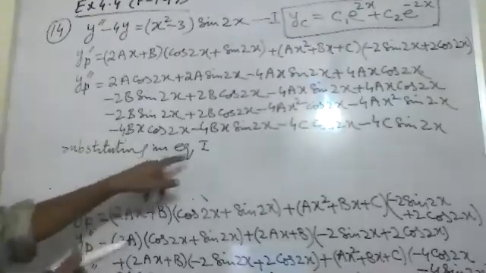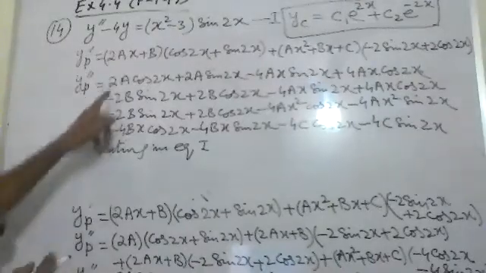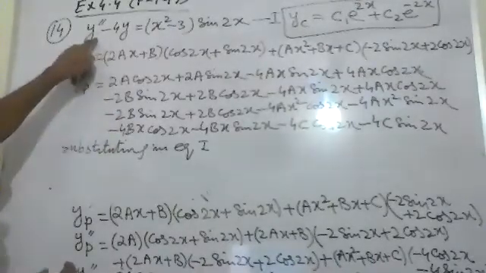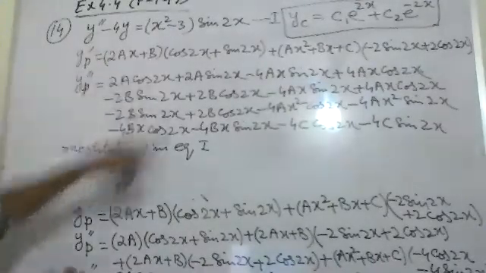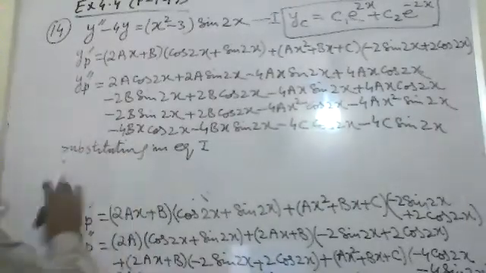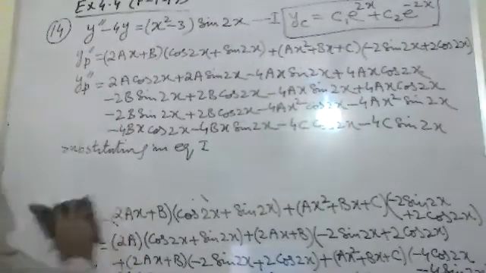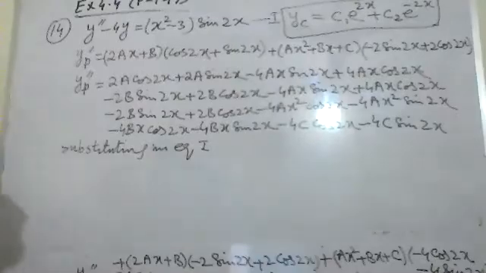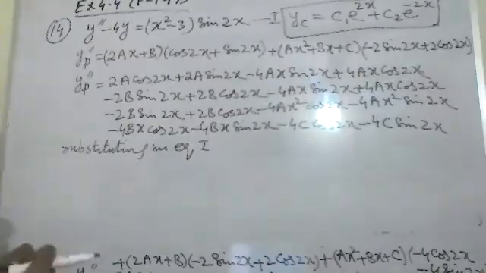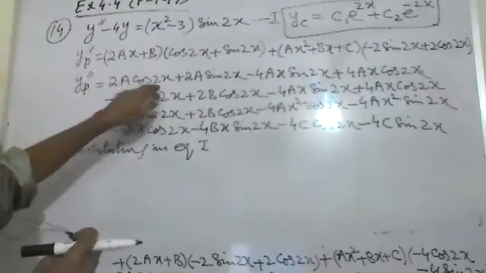Now we'll substitute in equation 1 all these things for y double dash. This yp double dash will be substituted. We will simplify 2a cos 2x.